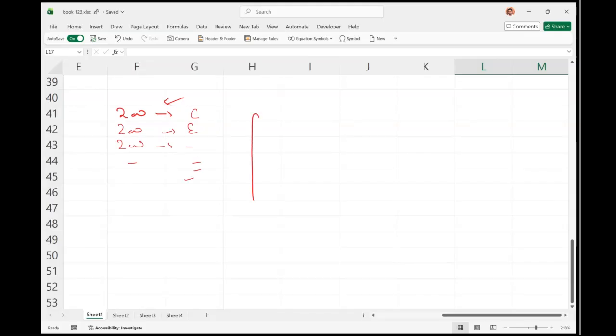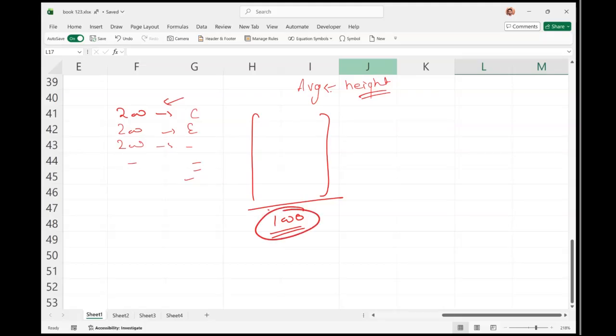I collected a sample of maybe 1,000 people, and the objective is to find the average height of a Canadian man. From these 1,000 data points, I take the average, and that average came out to be, let's say, 175 centimeters. So the average height of a Canadian man is 175 centimeters.